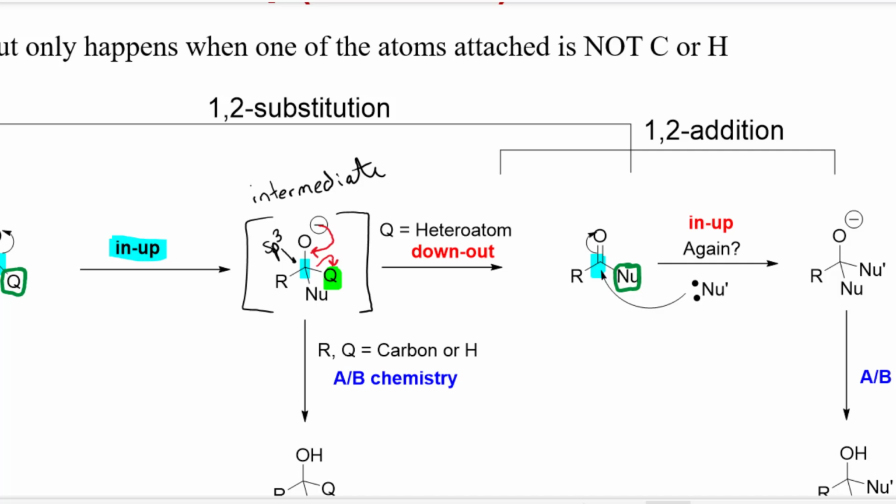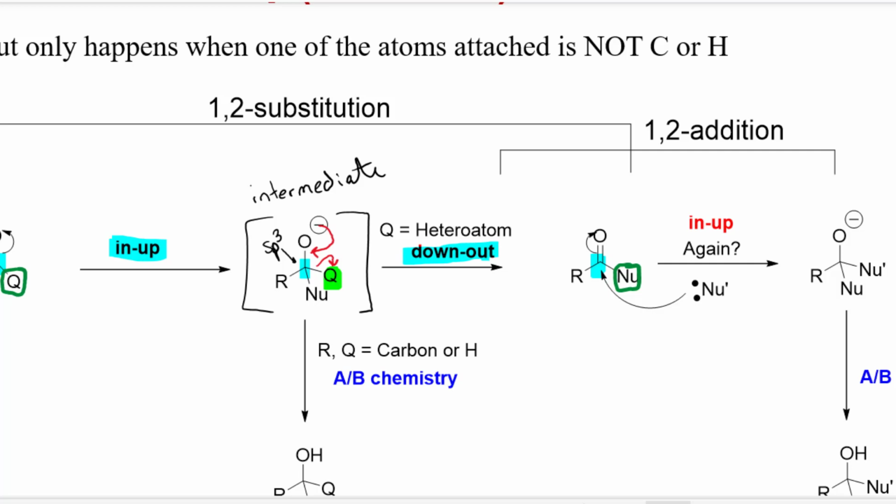So notice what I've tagged these steps as. The first one, the nucleophile going in, the pi bond breaking and those electrons going up, the in-up part of this reaction. If Q can leave, if it's one of those groups, it's not carbon or hydrogen, then the electrons can pop right back down and Q can go out. So this is the down-out portion of the reaction.